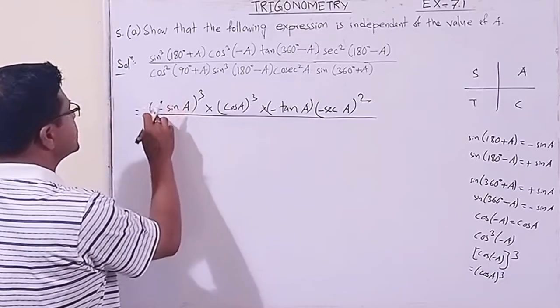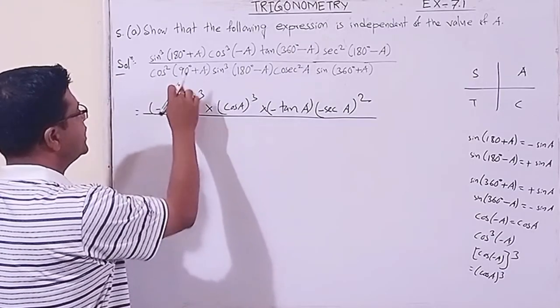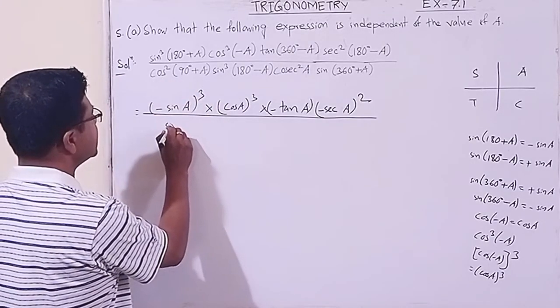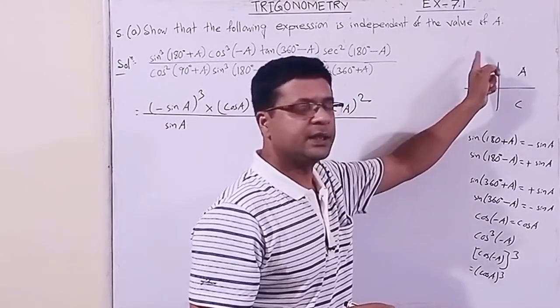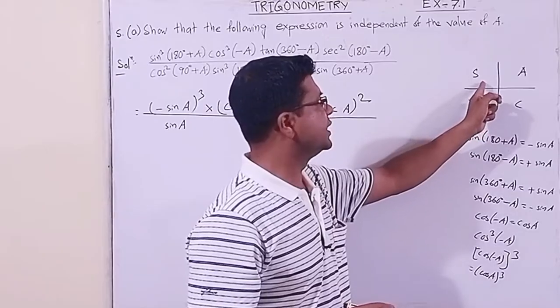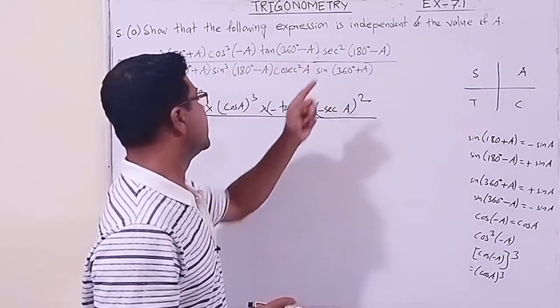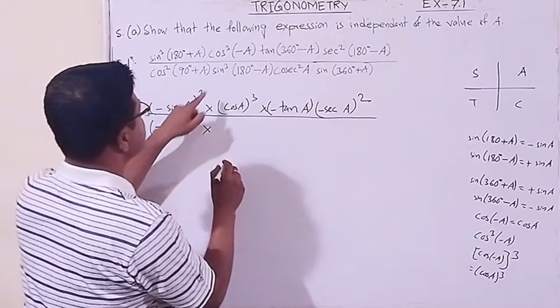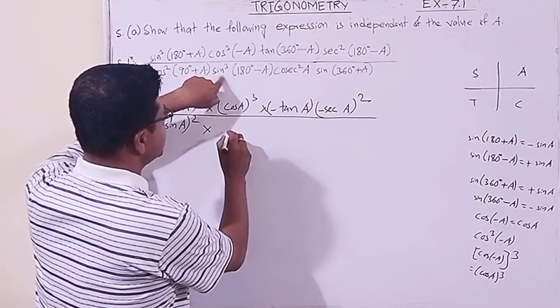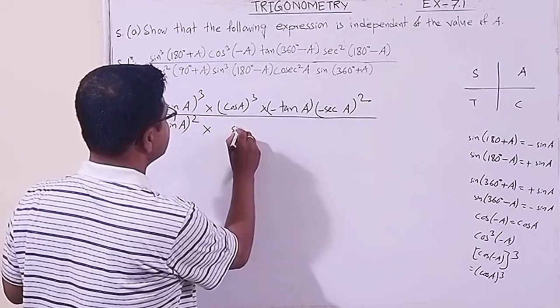Then cos square, it is an odd multiple, so it is going to be sine of a. It is in which quadrant? 90 plus a, second quadrant. In the second quadrant, cos is negative, square. Sine 180 minus a, so it is sine a only.